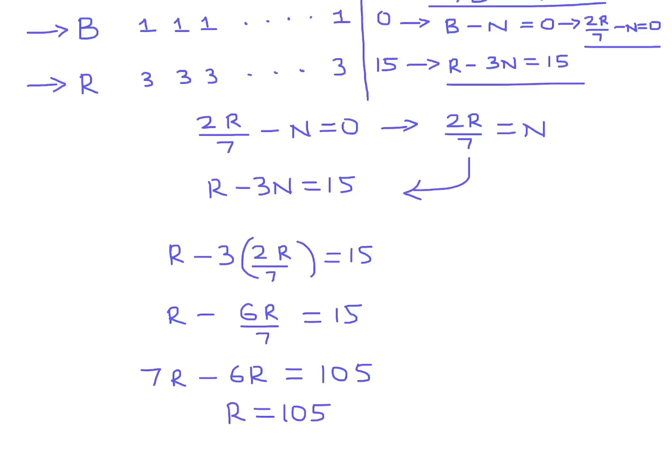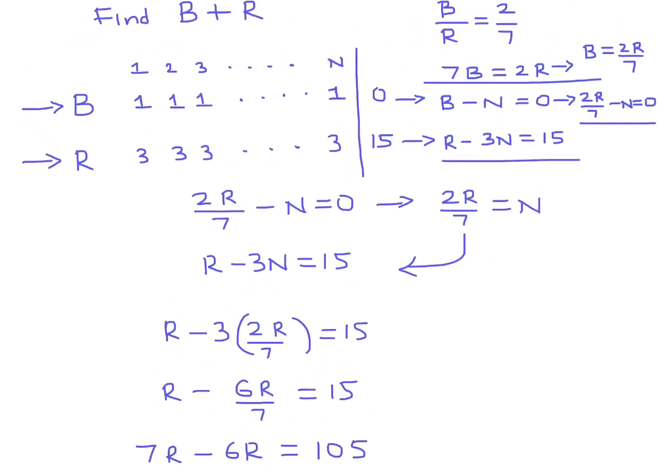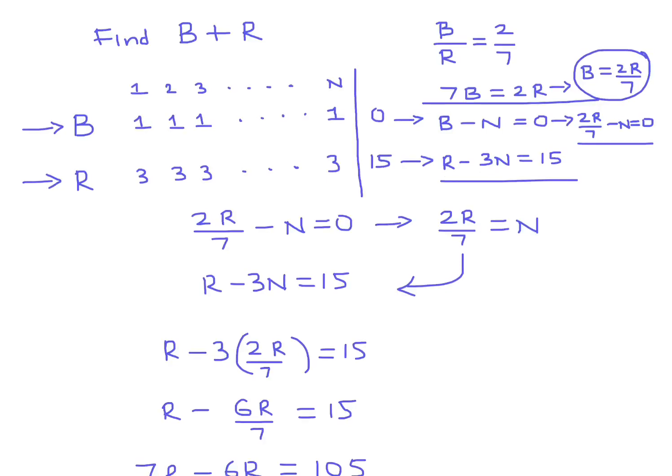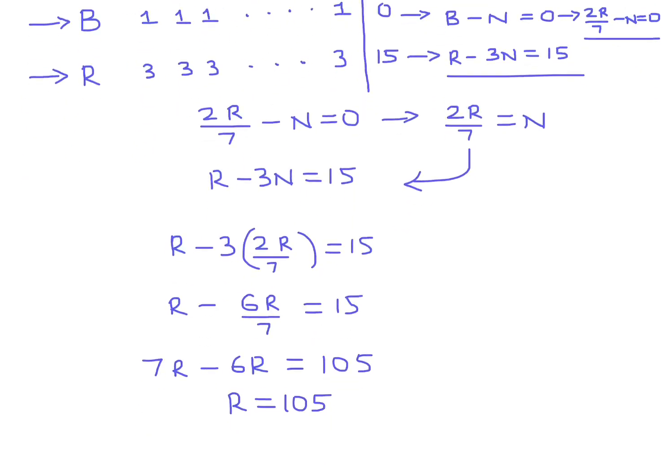All right, great. And then I need B, right? So B is 2R over 7, okay? B is equal to 2R over 7. R is 105 over 7. So that's what? 210 divided by 7, which is 30.